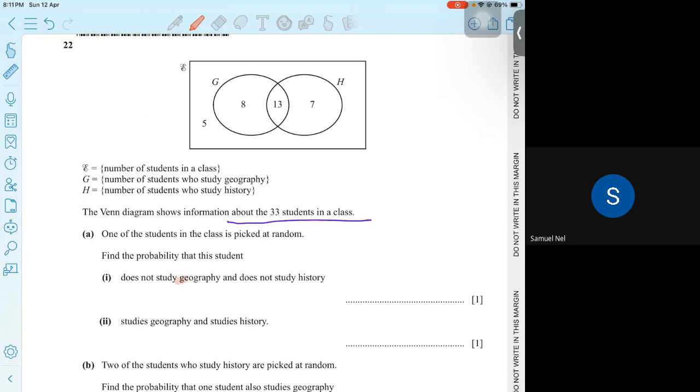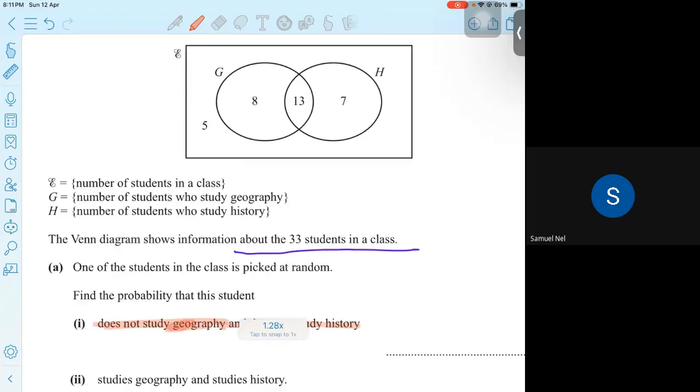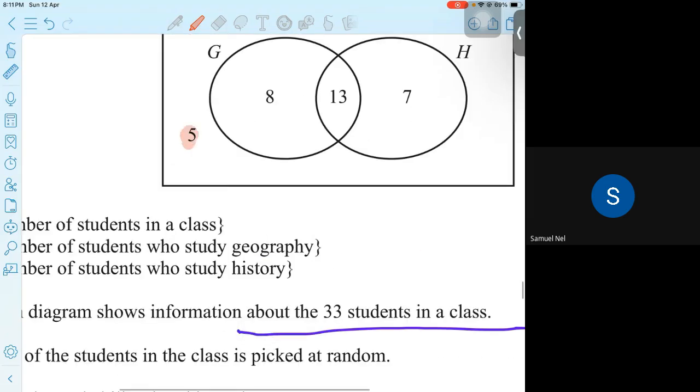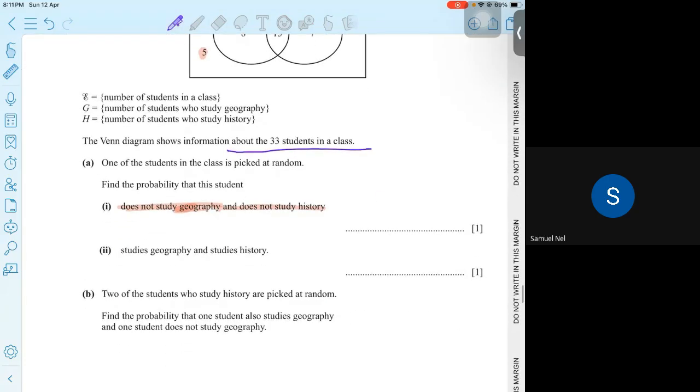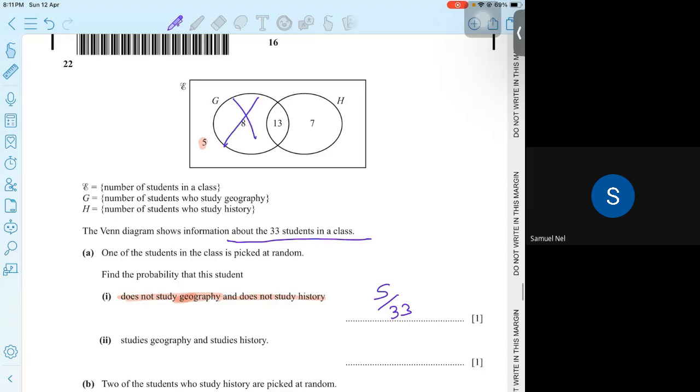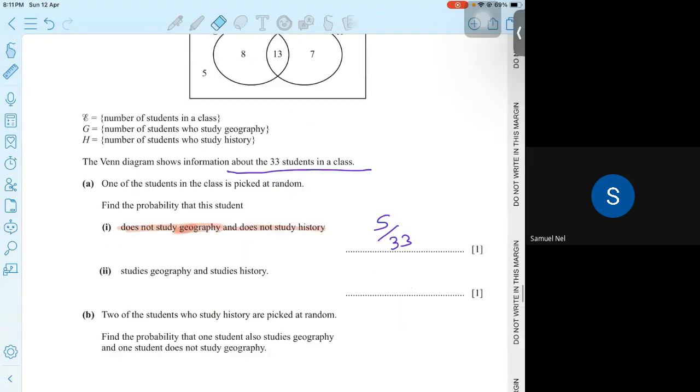So this is referring to one particular group of students. That is 5 over 33, because no geography, no history, and of course not both of them at the same time. So that's 5 over 33. I hope that's helpful.